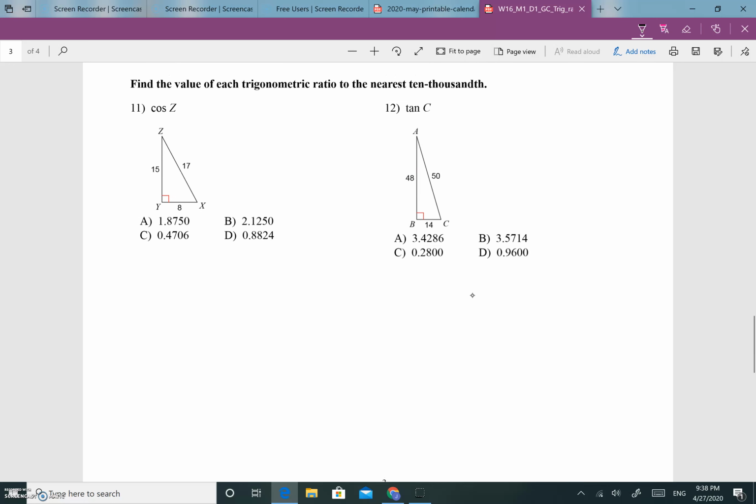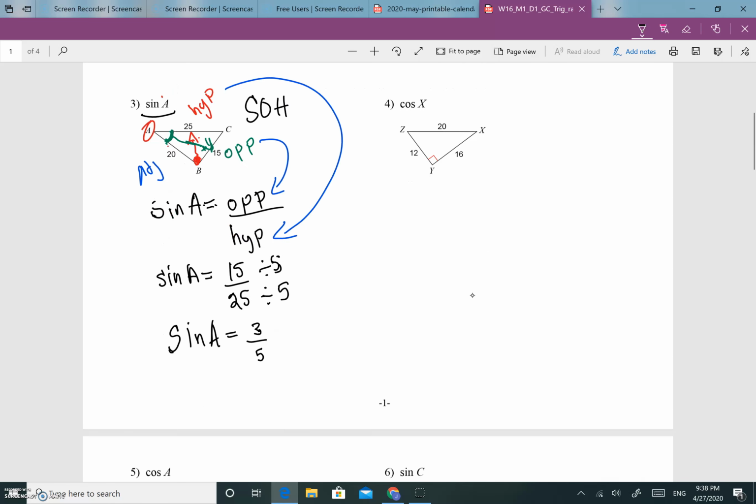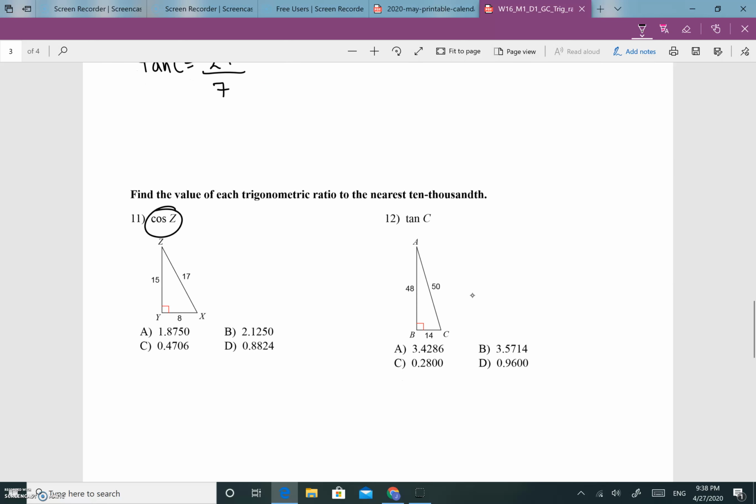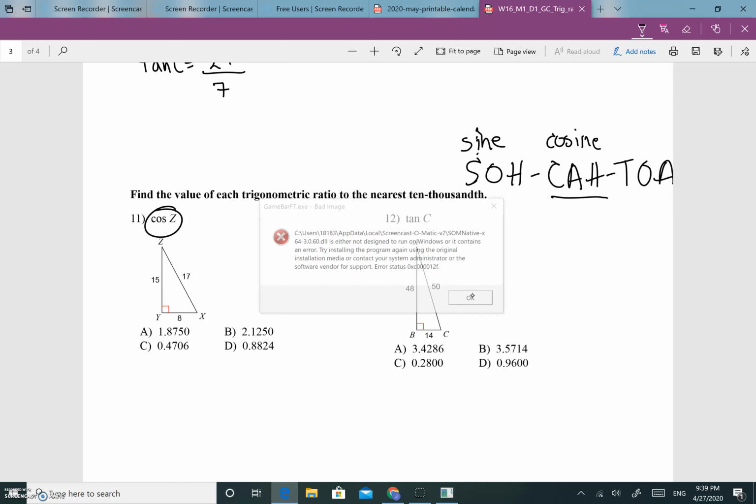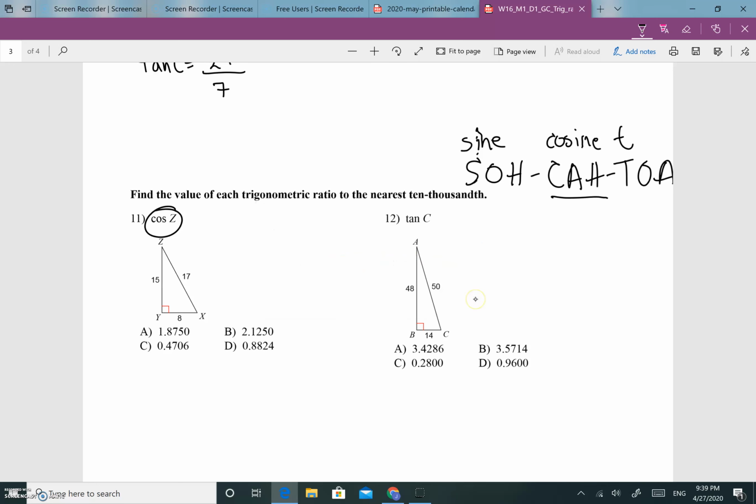So let's go over 11. For 11, we're looking at cos of C. Which one am I going to be using? Let's write them again since we're starting a new one. So SOHCAHTOA. In this case, we're looking at cosine, so it's going to be C. Remember, the first one is sine, the second one is cosine, and the last one is tangent.